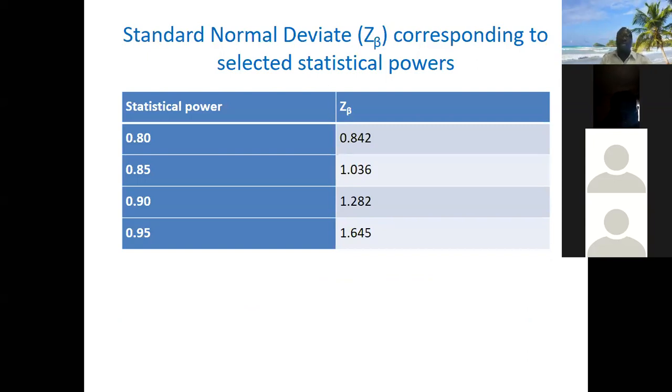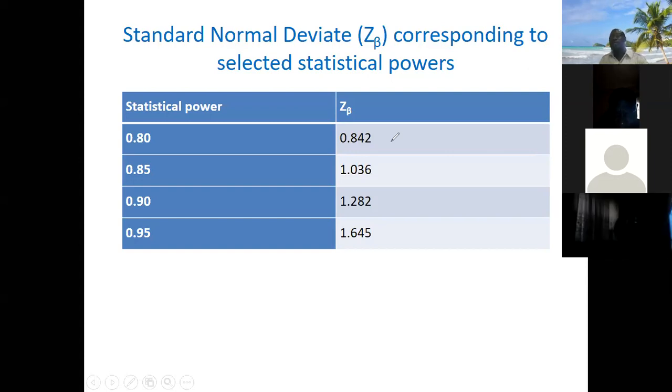For the power of 80, the standard normal deviate that corresponds with it is 0.84, so the Z is 0.84. For 90, it is 1.28. If you are using a power of 80, you substitute 0.84 for that Z in the formula. For 90, you use 1.28.